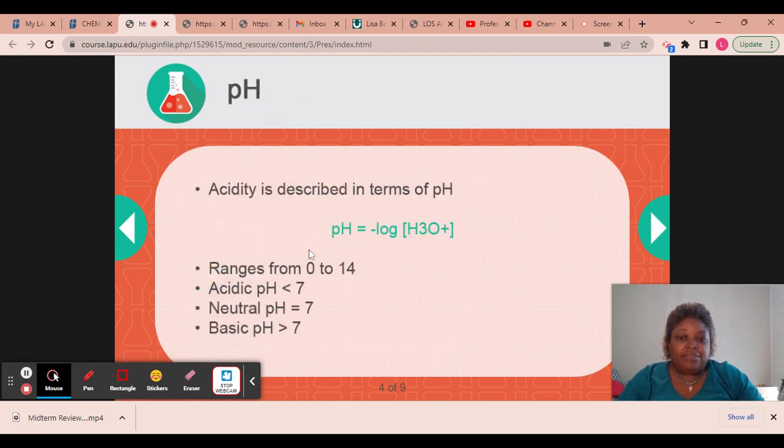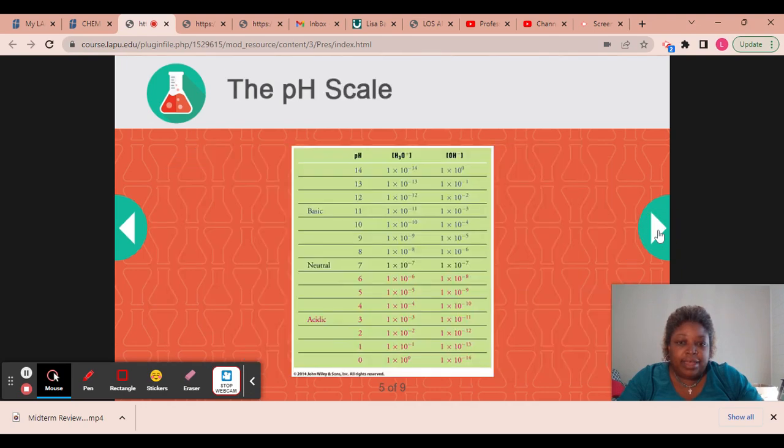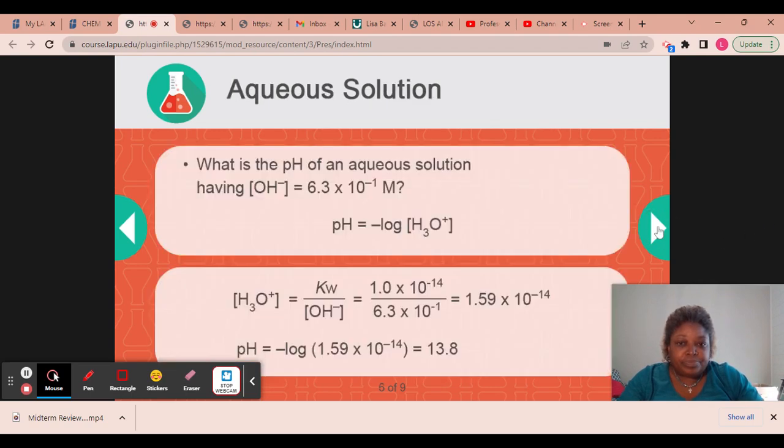And so we have the equation for pH, where the pH is equal to the negative log of the H3O plus concentration. And the pH ranges from 0 to 14. If it's less than 7, it's acidic. If it's equal to 7, it's neutral. If it's greater than 7, it is basic. Okay. And then this is a chart that shows you different values for the different levels.